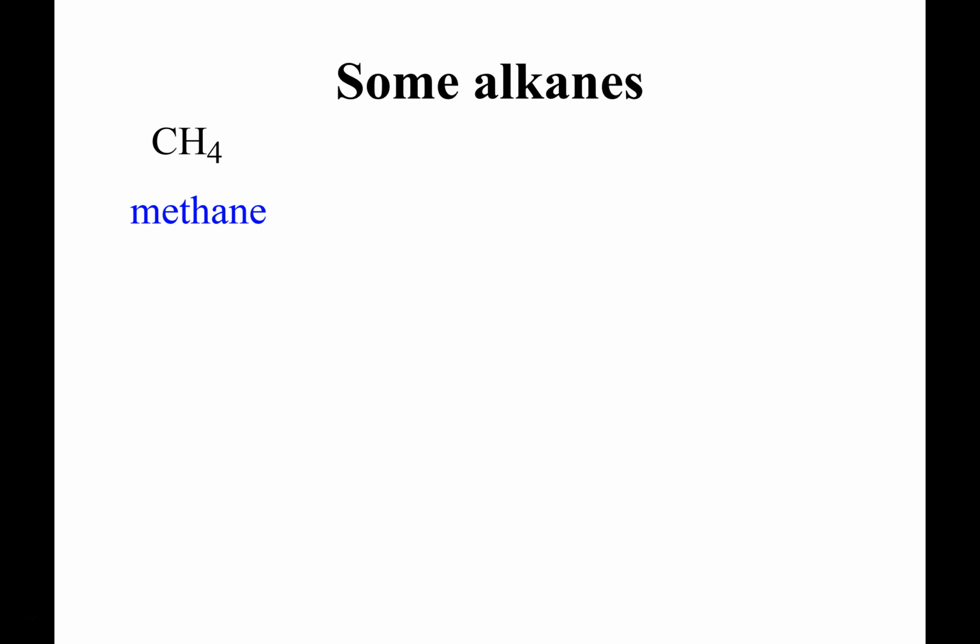The R means it could represent anything, and it's bonded to an H. Alkanes are examples of hydrocarbons, and they have only single bonds. Only single bonds. I don't know if that will be significant, but you never know.